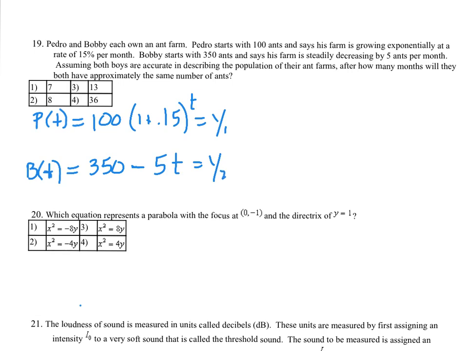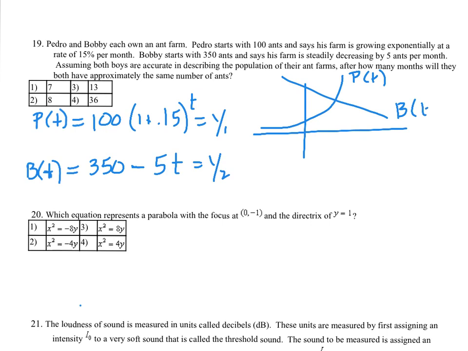All right. So I'll just give you a general idea of what the picture looked like. So this was Pedro, okay, because he's exponential. And then Bobby was more like that, okay? He's linear and he's decreasing, so that's going down.